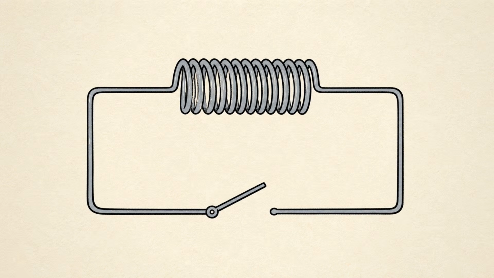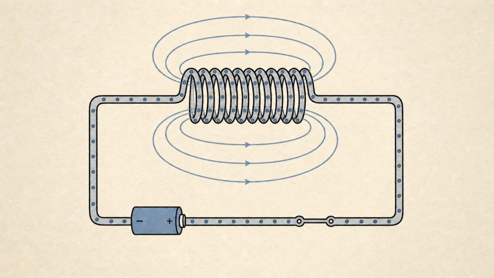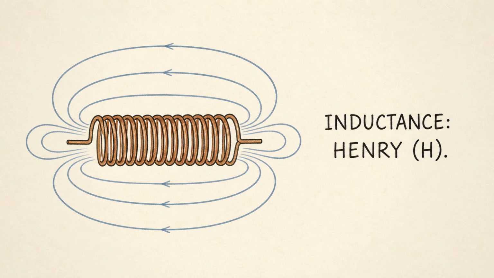An inductor is a component that stores energy in a magnetic field. It is usually made from a coil of wire. When current flows through the coil, a magnetic field forms around it. If the current changes, the magnetic field also changes, and the inductor opposes that change. The unit of inductance is the Henry, written as H. The Henry is named after Joseph Henry.